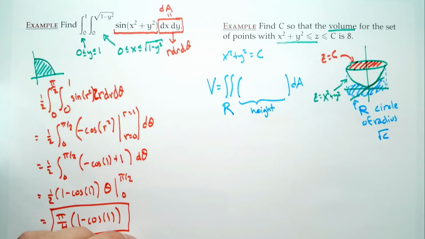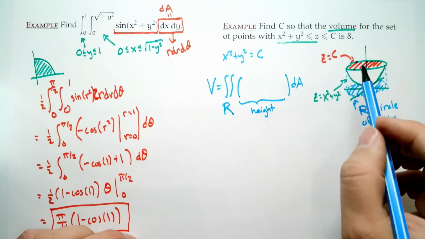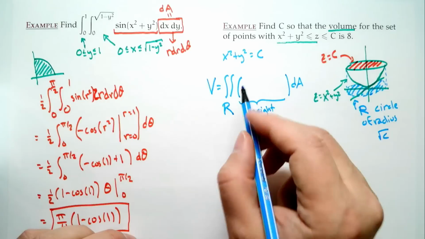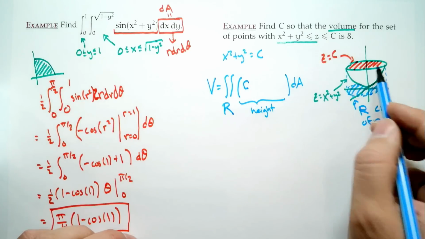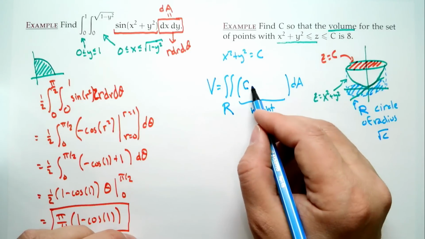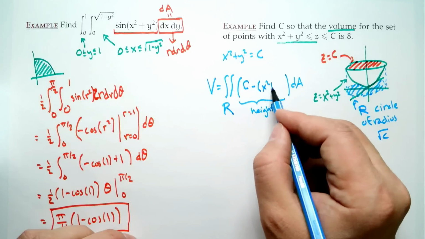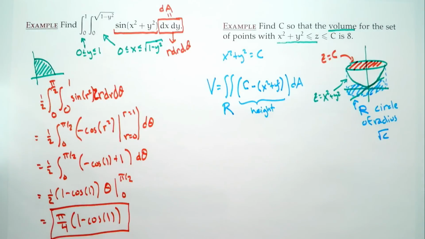That's the way you find volume. So what's the height? Well, the height is from the top surface, c, to the bottom surface, x squared plus y squared. So that's the distance between these two surfaces. That's your height. So that's what we need to integrate.